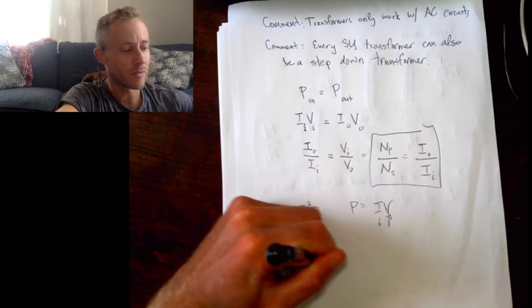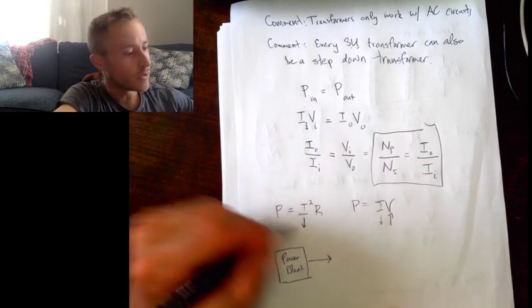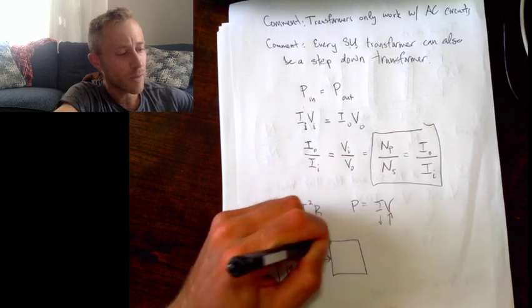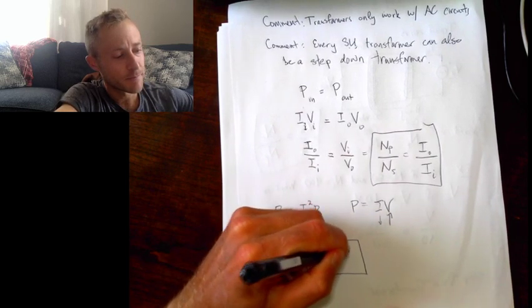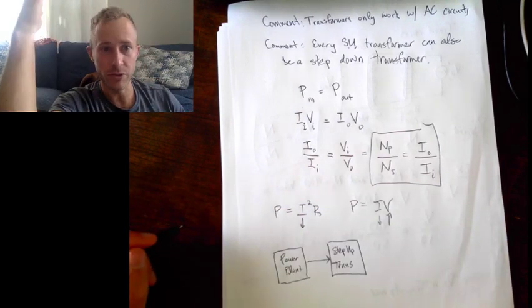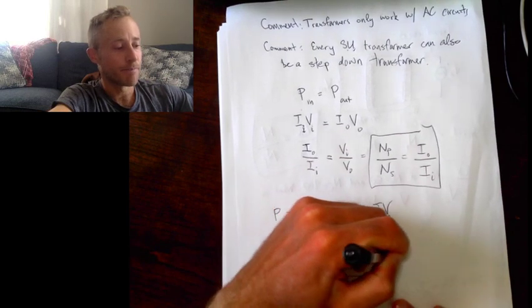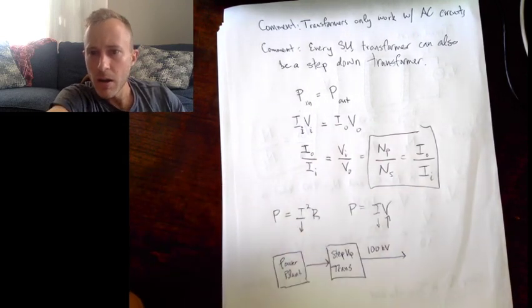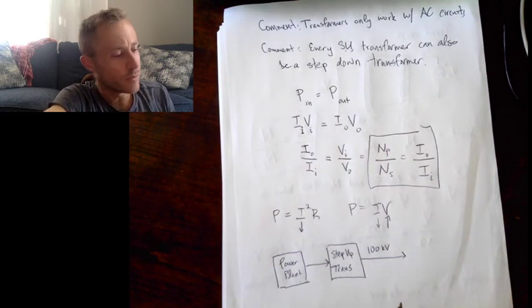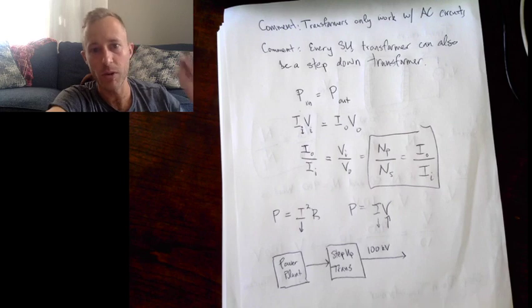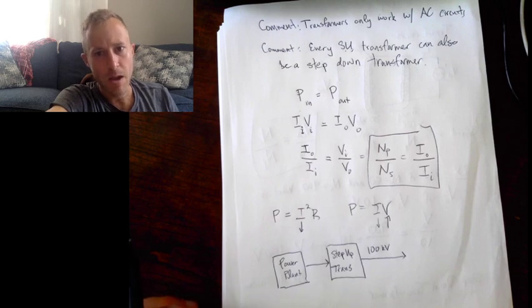So what you do is you then feed the output of the power plant into a step-up transformer. Okay, so now the voltage goes up to 100,000 volts, 100 kilovolts. And then this wire right here is the wire that goes from wherever the power plant is all the way close to your house, okay?